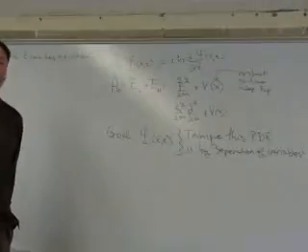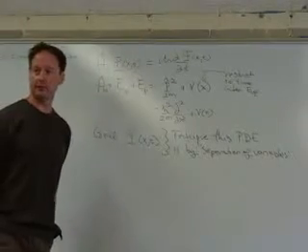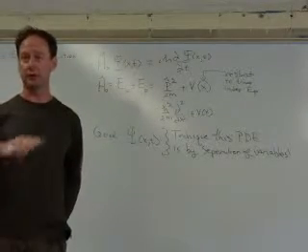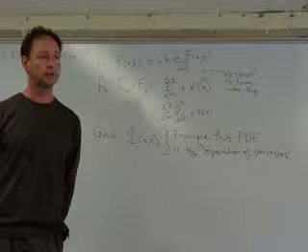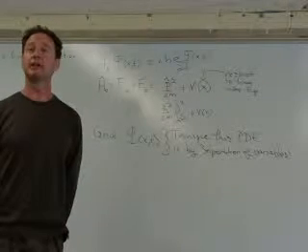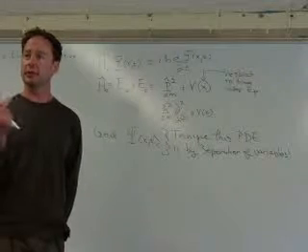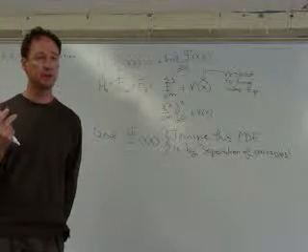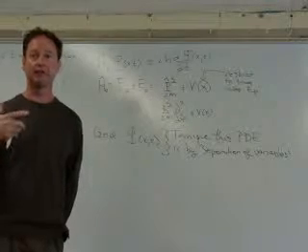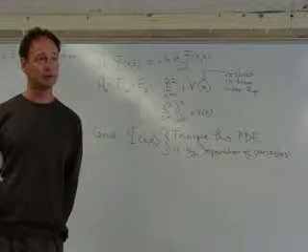Now, separation of variables is a very general technique. It's not just for Schrodinger's equation. This is how you can solve any multivariable partial differential equation. All right, but what we're going to find out is that when we solve Schrodinger's equation by separation of variables, we're going to get very special answers.